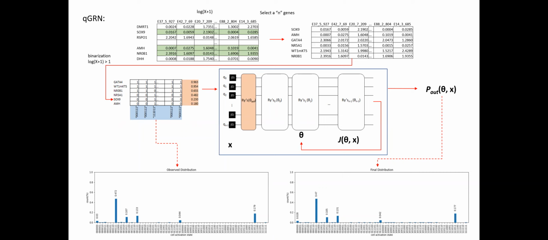As input, I'm using the log transform of single cell data. That dataset has 2000 cells, 2000 columns, and 19 genes, 19 rows.